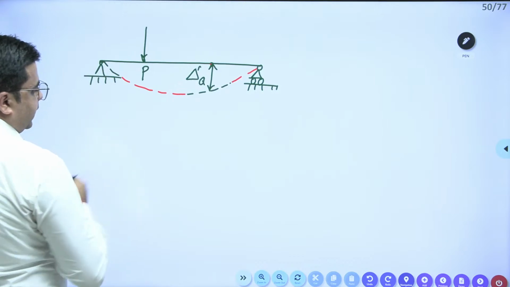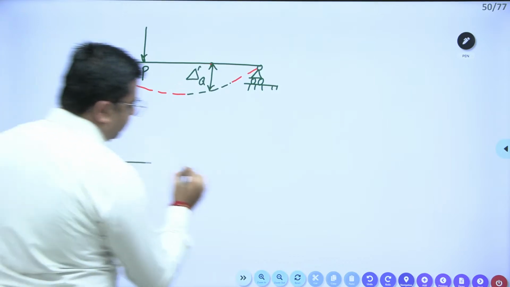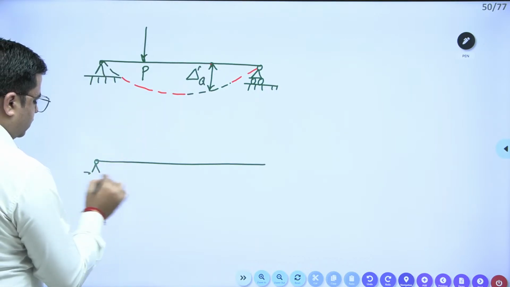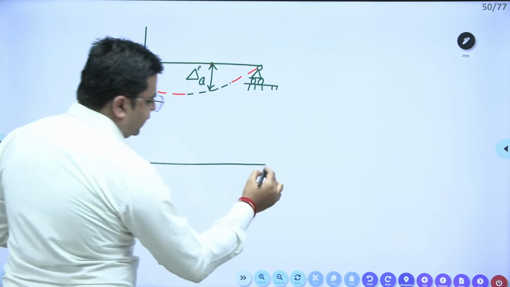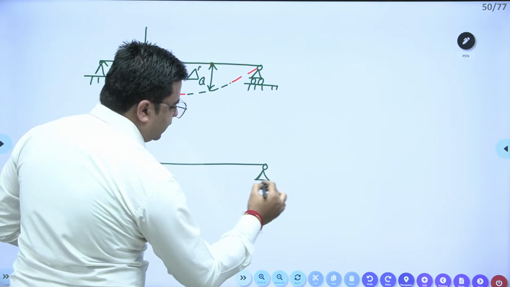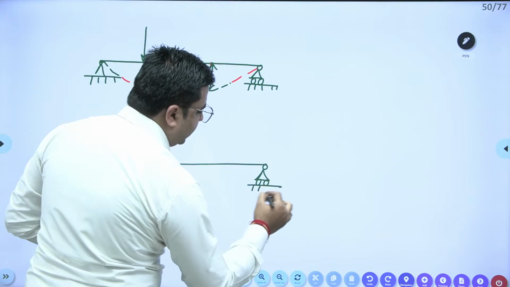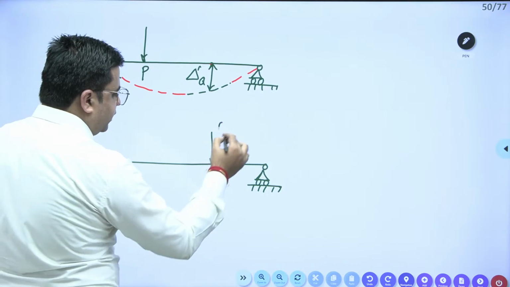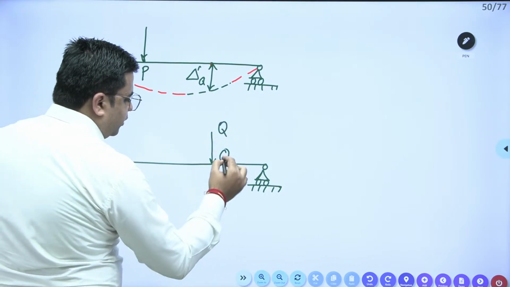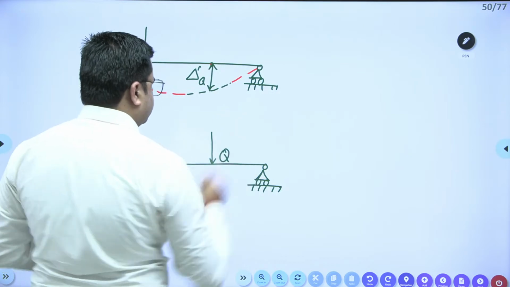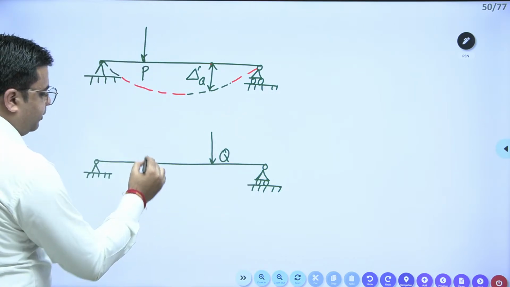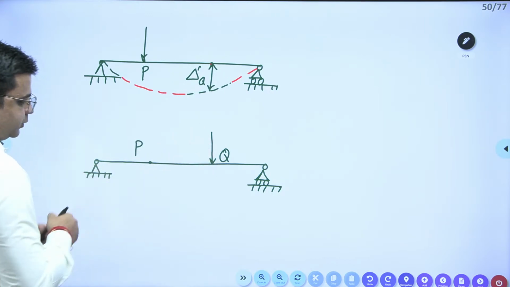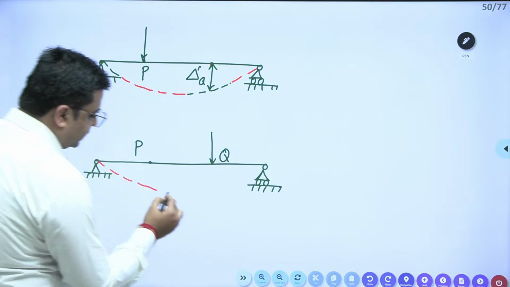Next, again, if I take the same beam and apply a load at point Q, this is my point Q, and this is my point P. Due to this load Q, this beam will again undergo some deformation like this.